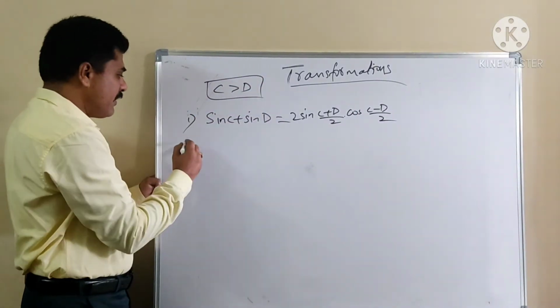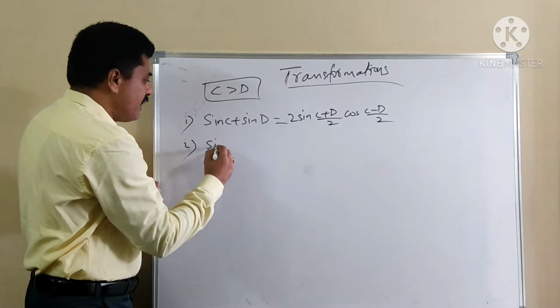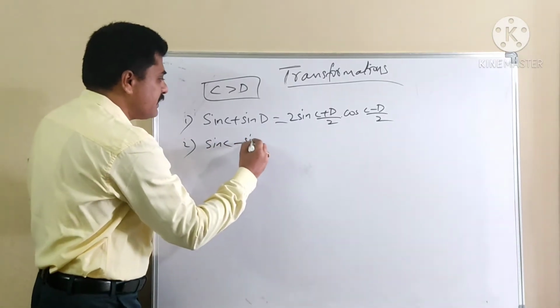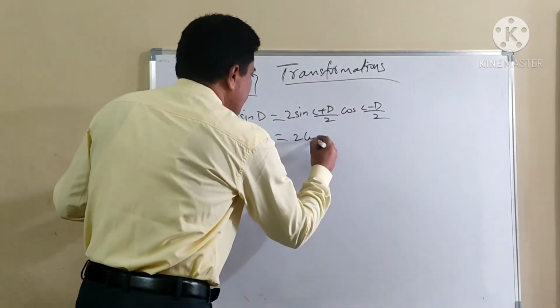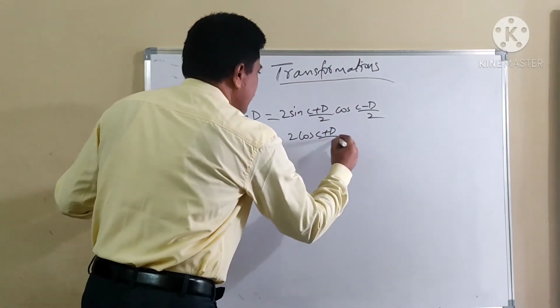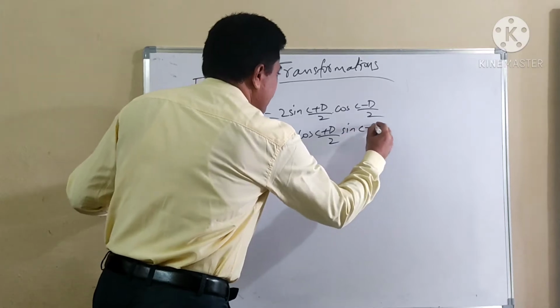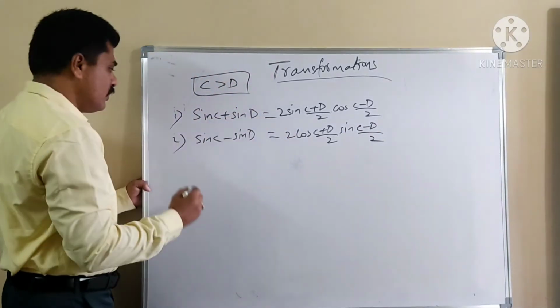This is the first formula. The second formula, with a negative sign: sin C minus sin D is 2 cos (C plus D) by 2 into sin (C minus D) by 2.